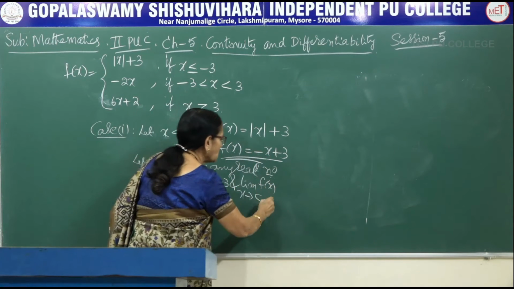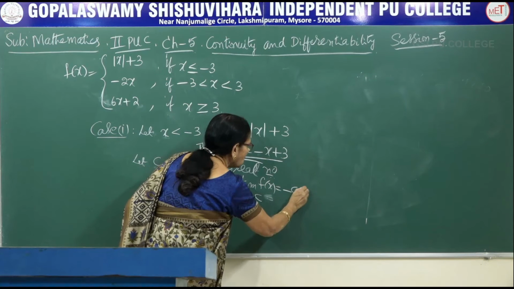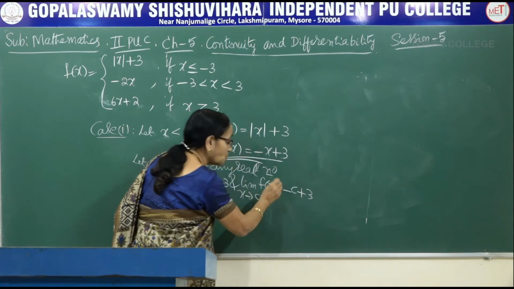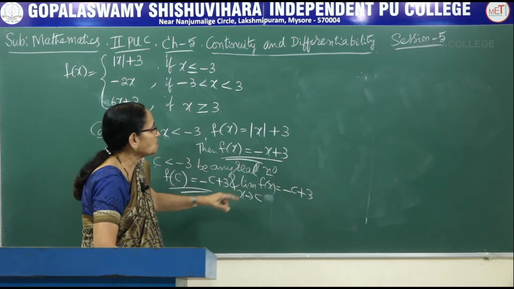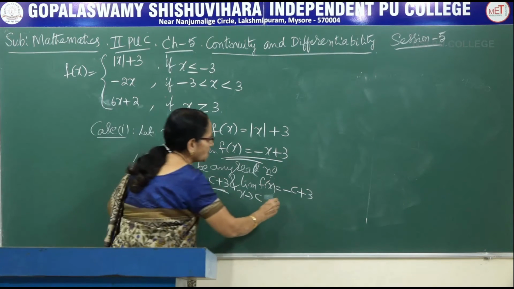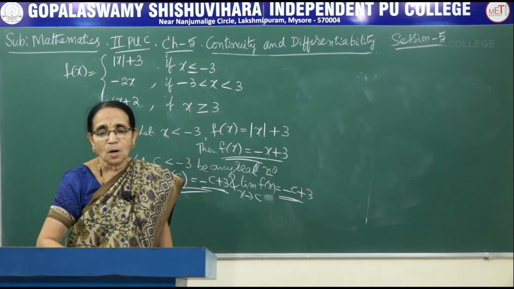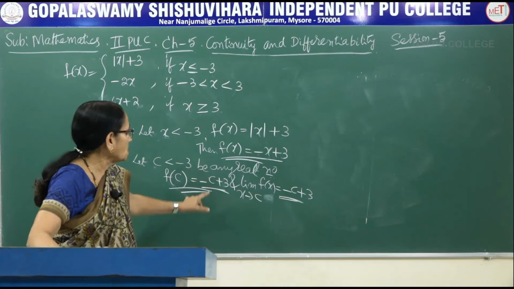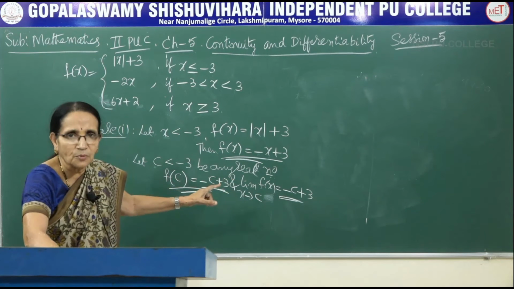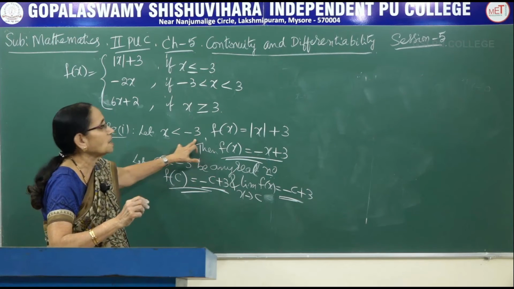Again in this one we put the value c, so it is minus c plus 3. The value of the function is minus c plus 3, the limit of the function is minus c plus 3. So what can be our conclusion here? The value and the limit of the function are equal to each other for all x less than minus 3.